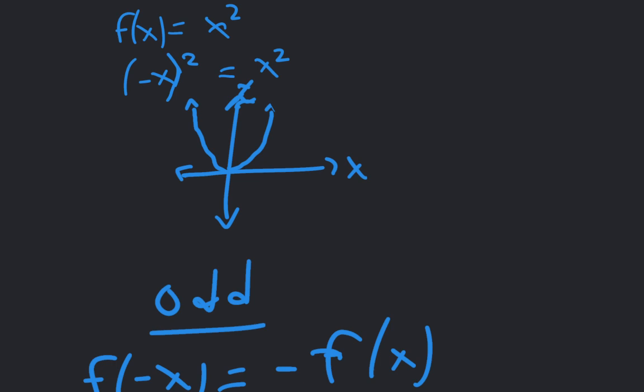The importance of these lies in calculus when we're trying to find the area under a curve, for instance. Let's say we're trying to find the area under x squared, this area under here. We can make arguments based on symmetry.